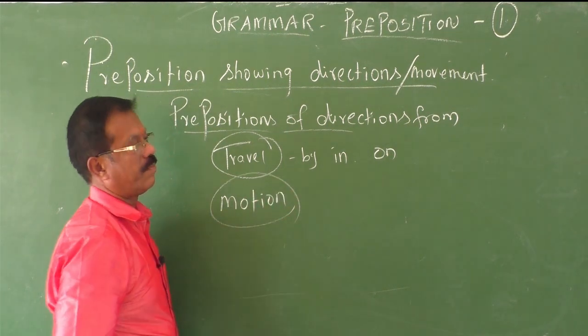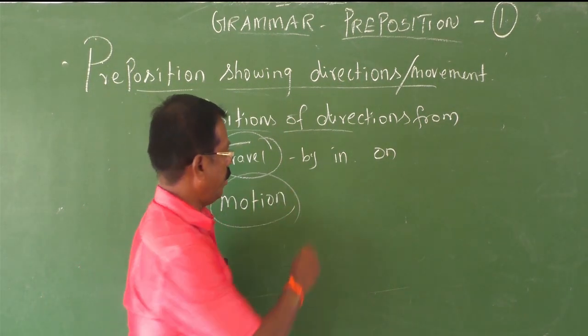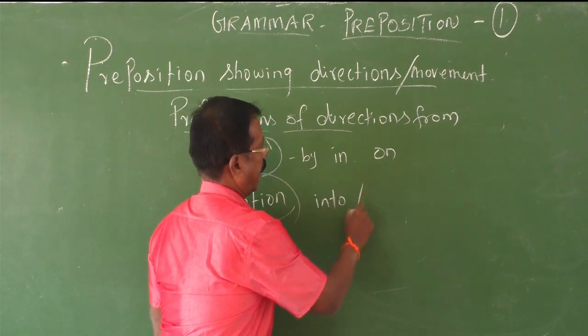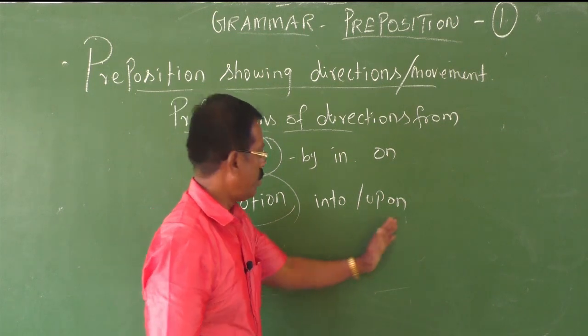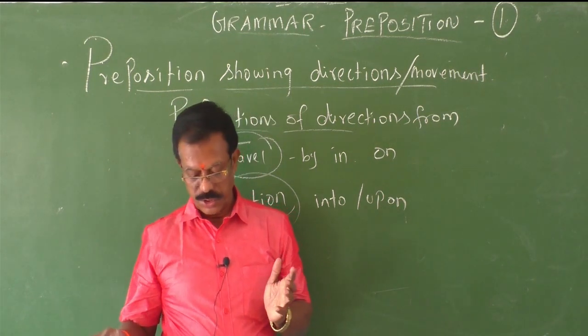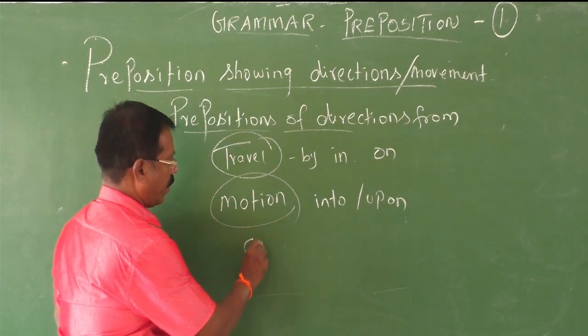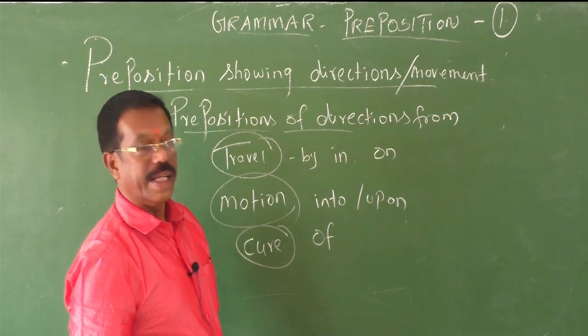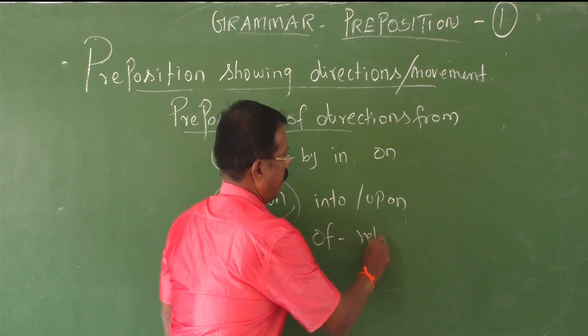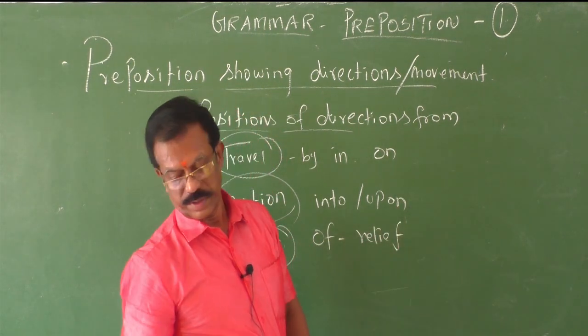So motion. You can use some prepositions, into and upon. So you can use these two prepositions to refer to motion. And then cure: of, relief. This is called relief. Okay, relief.